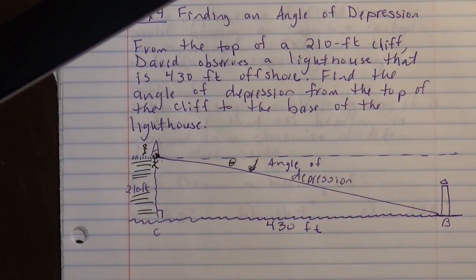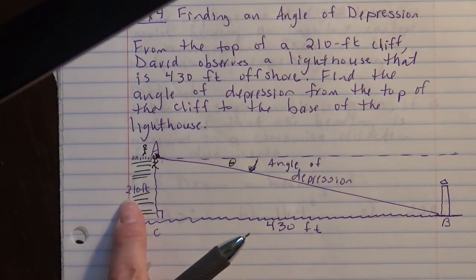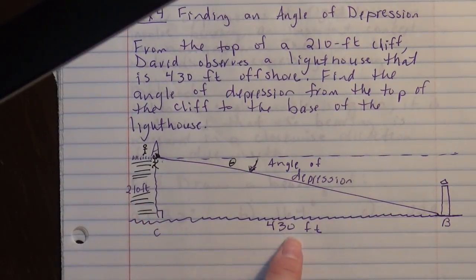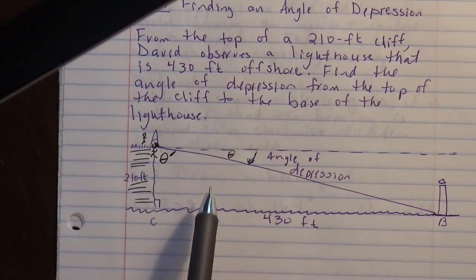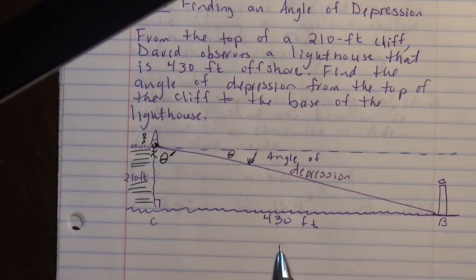And to get this, we've got a right triangle here. We've got two sides, 210 and 430, so we can use those two sides. I'm going to call this angle theta prime, and then when I subtract it from 90, it's going to give me my theta.